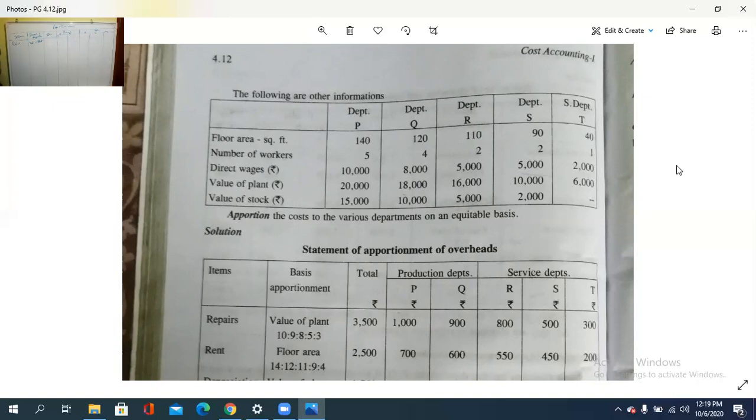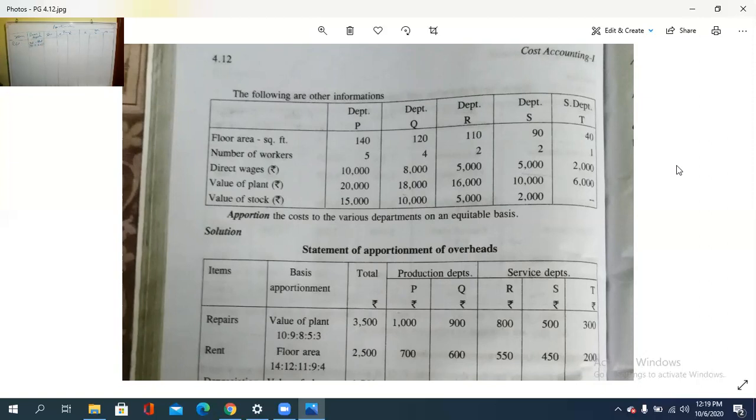How is it to be? 20 is to 18 is to 16 is to 10 is to 6. Out of that, 10 is to 9 is to 8 is to 5 is to 3.